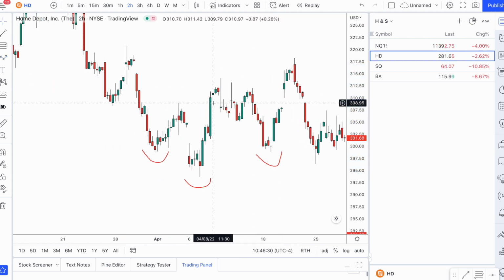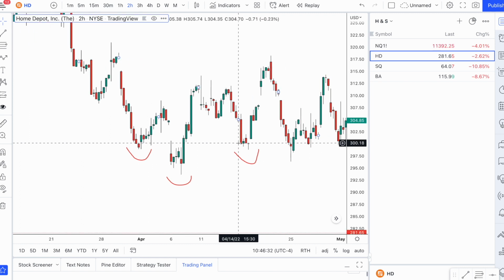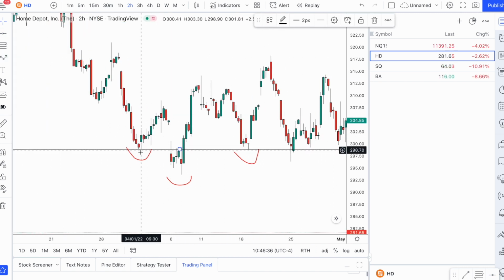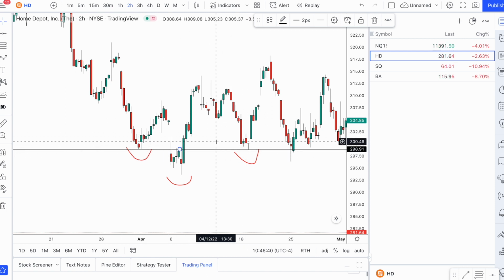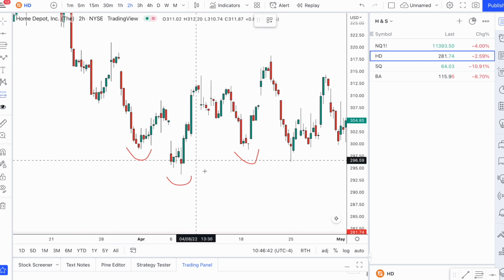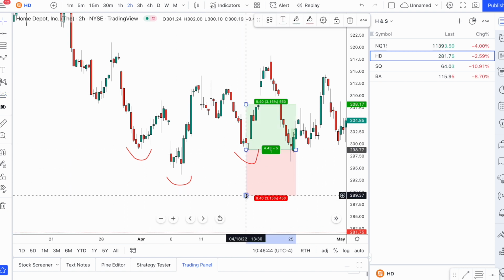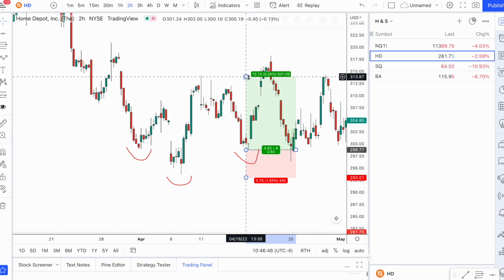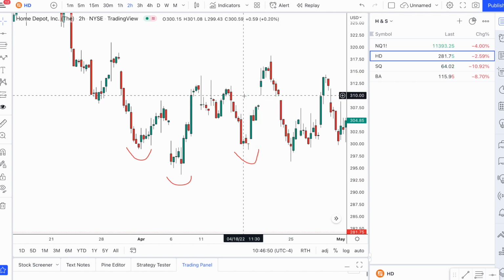Very, very simple pattern. You get long down here, right at the support, perfectly in line with the other shoulder, right? Comes right down to that same shoulder line. You can put your stop under the low here, and then you can target up towards here. So very, very simple trade.